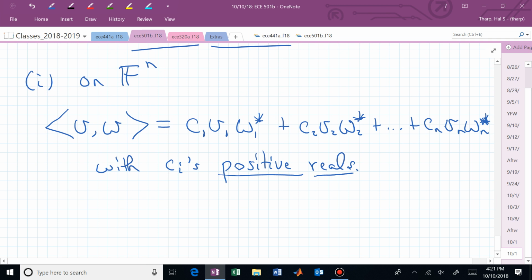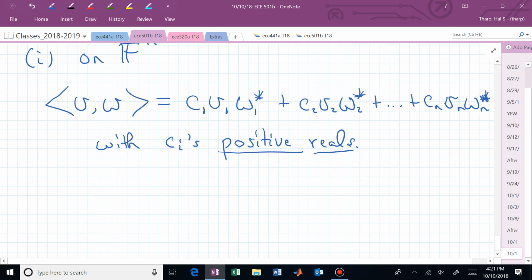That's another inner product that's possible, and it satisfies all of those properties that we've defined.